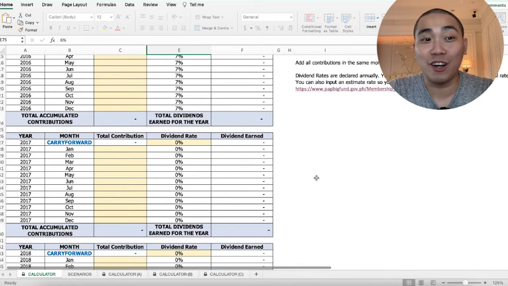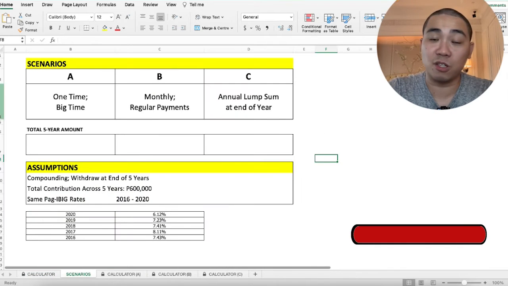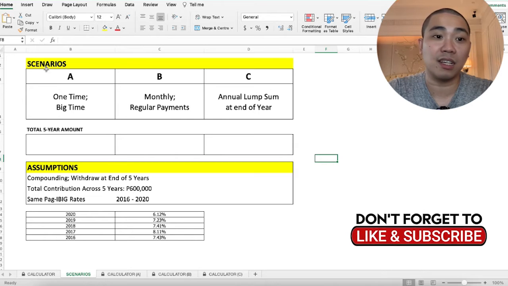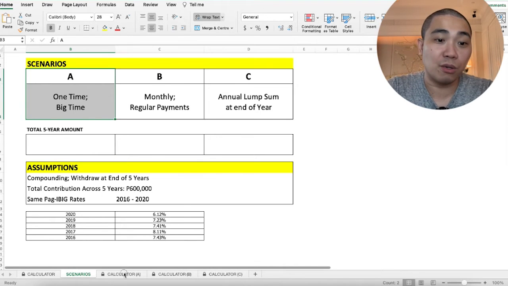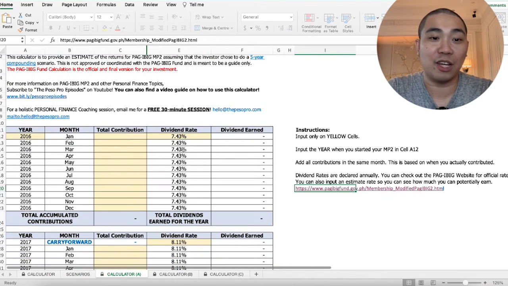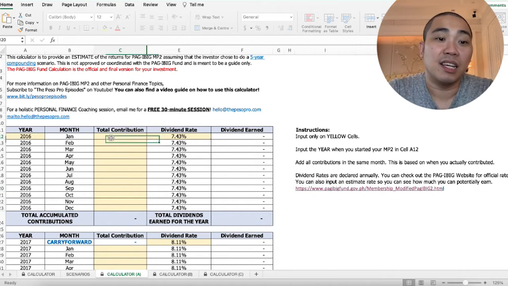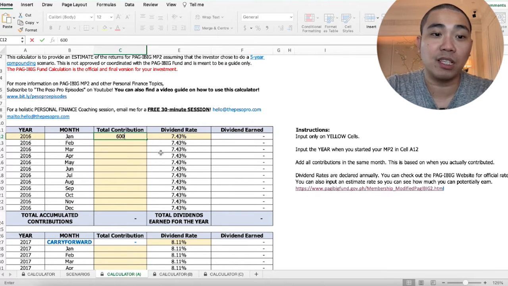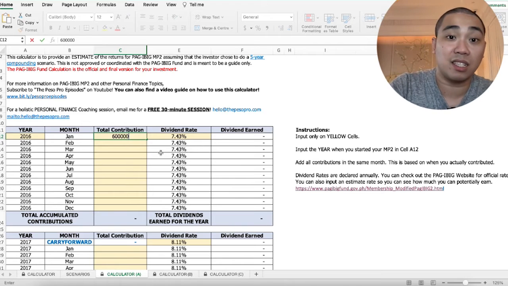Okay. So far, meron na tayong year, meron na tayong dividend rate. Let's go to our scenarios para mapakita ko sa inyo how you actually plot this. So what you can see here is number 1, let's go with the scenario na one time, big time at the start. So dito, let's go to the calculator. Dito nalagay ko na yung rates, so 7.43, 8.11, etc. Here, ang sabi lang doon, in that scenario, pagkabukas natin ng MP2, babagsakan natin siya ng 600,000.